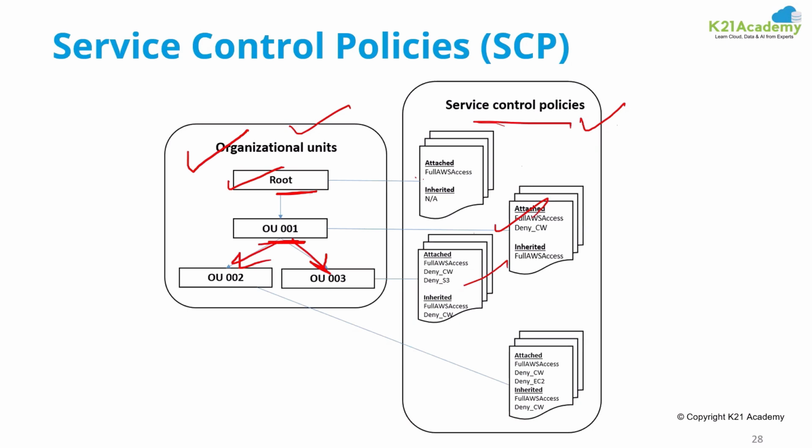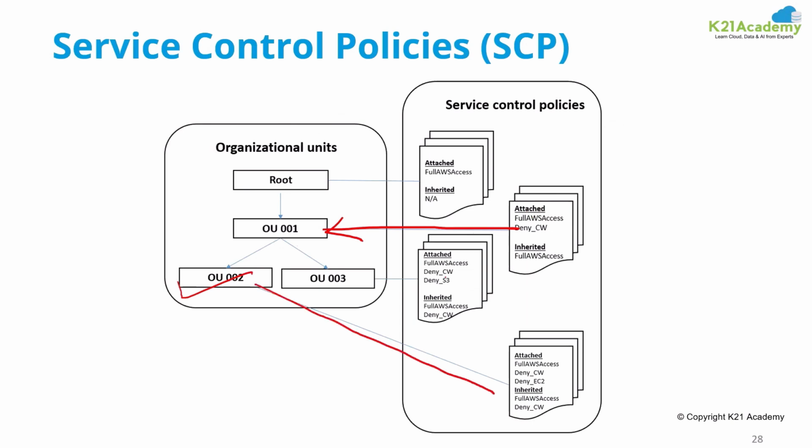In OU001, you have attached full AWS access and deny CloudWatch. So this OU has full access except CloudWatch actions. That's how it is. Now OU2 is attached with full access and deny CloudWatch, and it is inherited from OU001, where you have full access and deny CloudWatch.